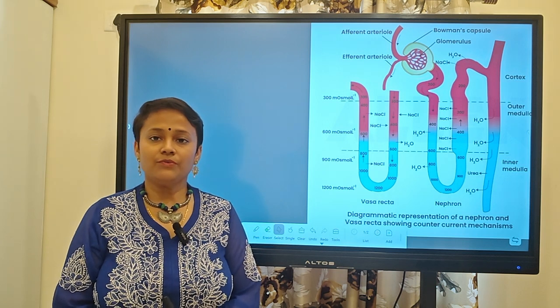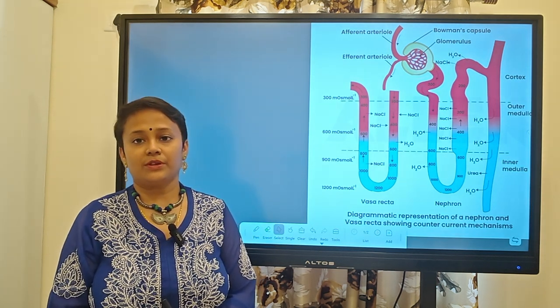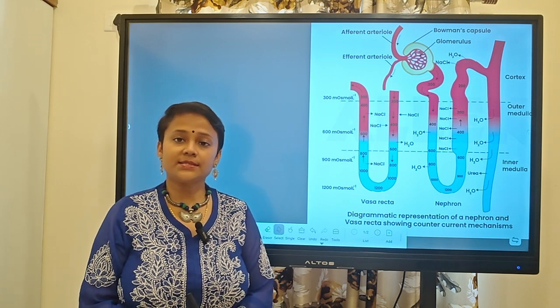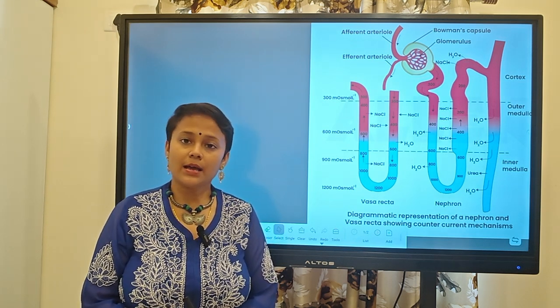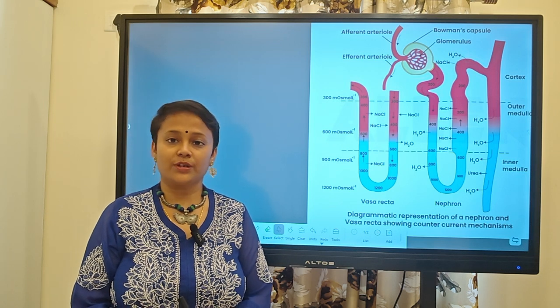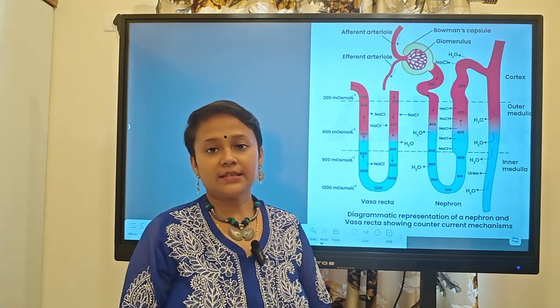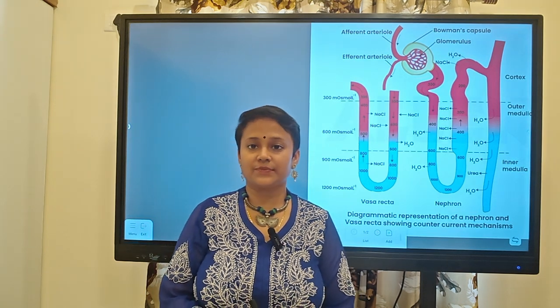Cortical nephron will have very little part in concentration of urine, but juxtamedullary nephron will have a very important role to concentrate the urine. Mammals have the capacity to concentrate urine 4 times.